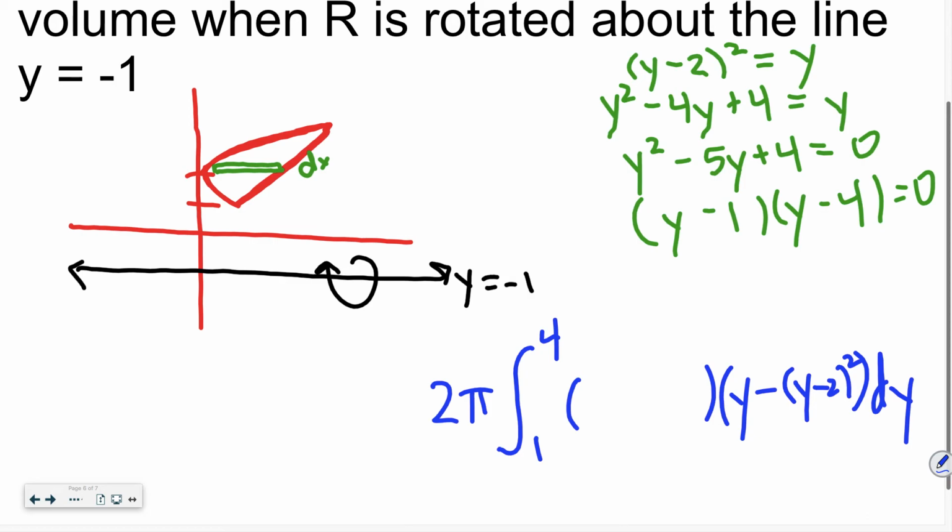The radius, how far away are each of those shells from the axis of rotation? That's how we describe that distance right there. Y plus 1. Would you agree with Max's y plus 1? Do you have a question about why Max said y plus 1?